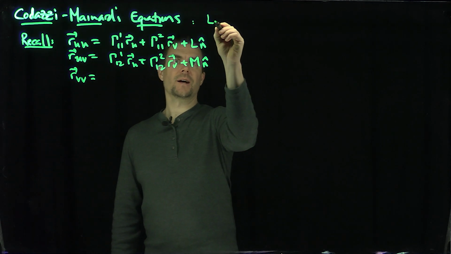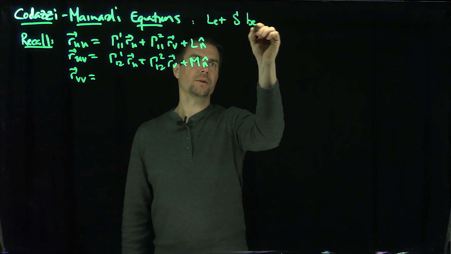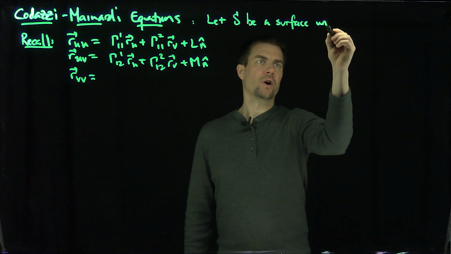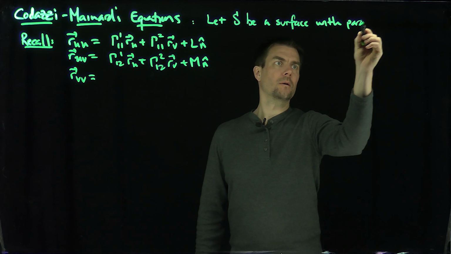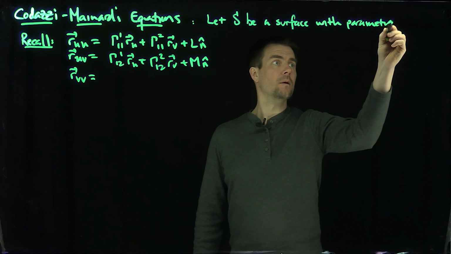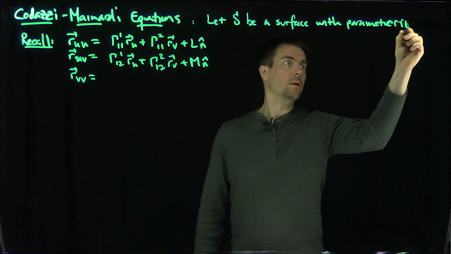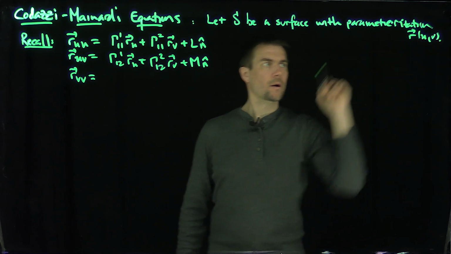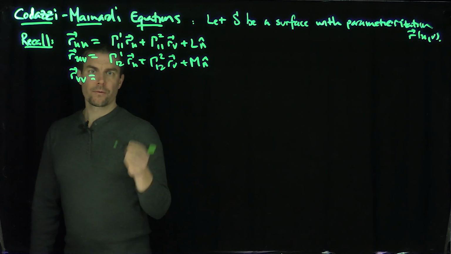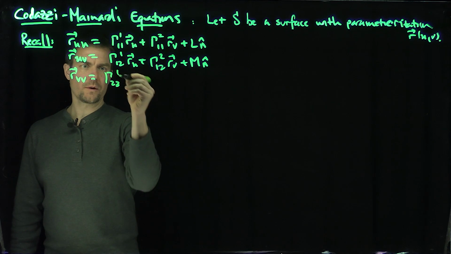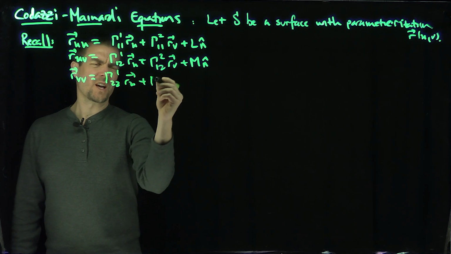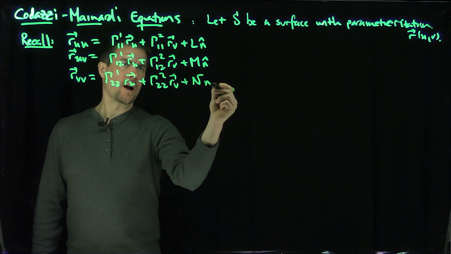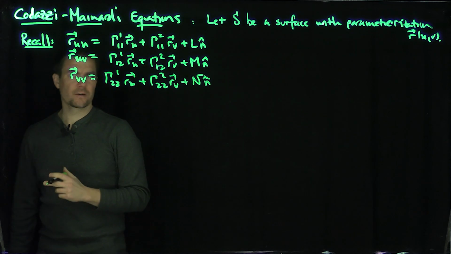So let S be a surface with parameterization R of (U,V). Great. And so this will finally be gamma 2,2,1 R_U plus gamma 2,2,2 R_V plus N n hat, where L, M, and N are the coefficients of the second fundamental form.